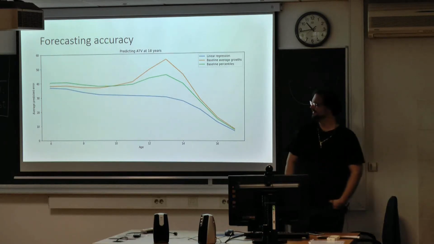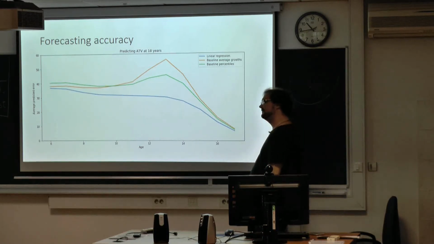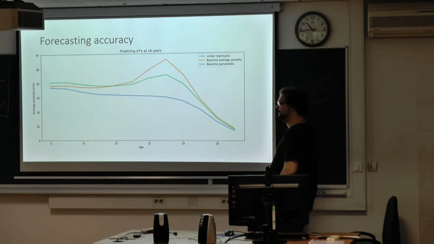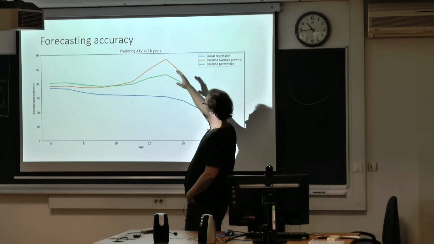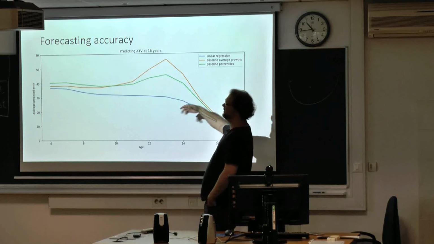And the reason for this is the growth spurt, which is pretty well known. Some people grow sooner, some people grow later. What we are trying to do is predict whether the growth spurt has already happened or will happen.